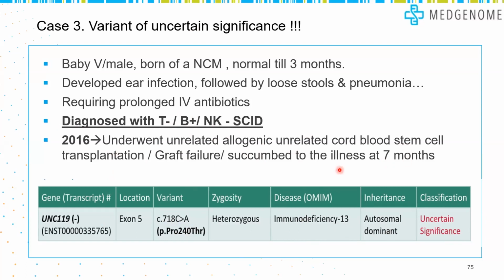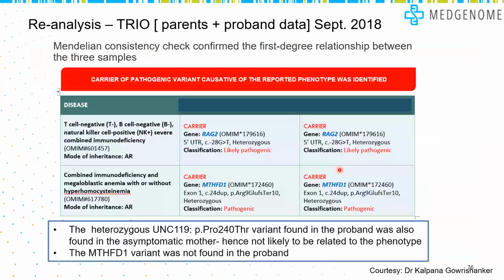Now moving forward, this family came for carrier screening because they wanted to plan another child, and it was from a different clinician. On carrier screening, the couple was found to be carriers of not one but two variants. One was pathogenic in MTHFD1, which causes combined immunodeficiency with or without hyperhomocystinemia.